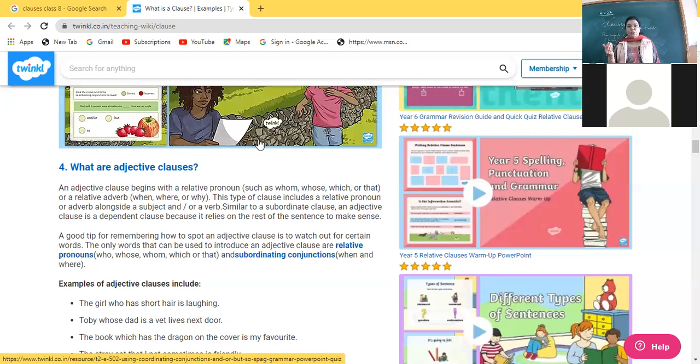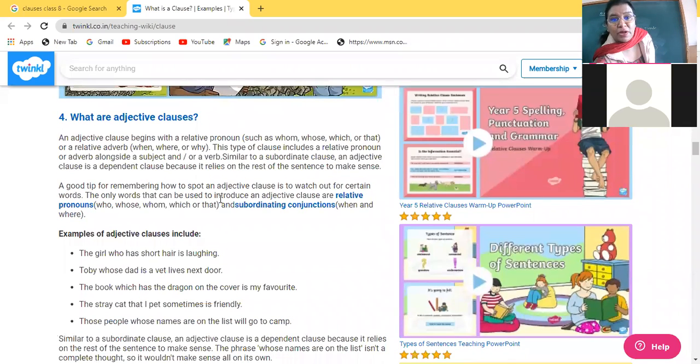Okay, so who, whose, which, when, where, why, all these, right? Now, similar to a subordinate clause, an adjective clause is dependent because it relies on the rest of the sentence, because it has to join with another clause to make it meaningful.